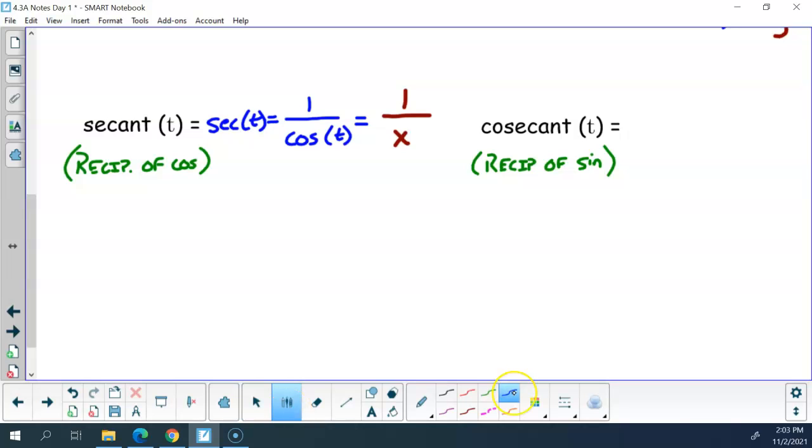Cosecant is CSC. And so it would be 1 over y. Forgot about the abbreviation.